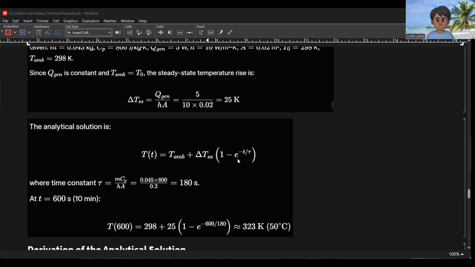This is multiplied by 1 minus e to the negative t over the time constant, where the time constant here is mass times the specific heat capacity over the convective coefficient times the area, equal to 0.045 times 800 over 0.2, equal to 180 seconds.